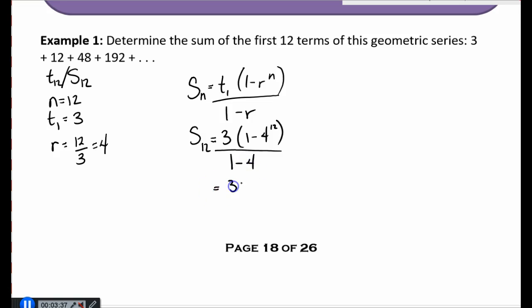Okay, so we've got 3 multiplied by 1 minus, and according to our order of operations, don't forget that this part comes first, because exponents come before subtraction.